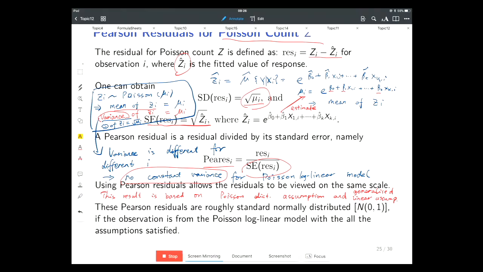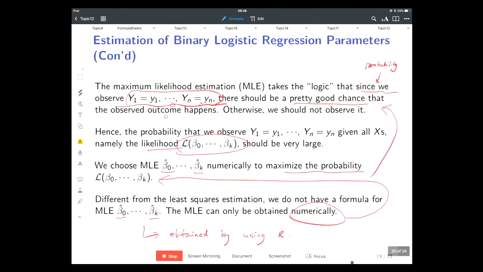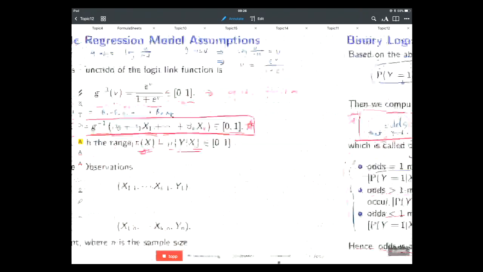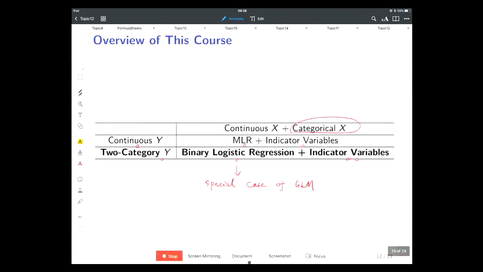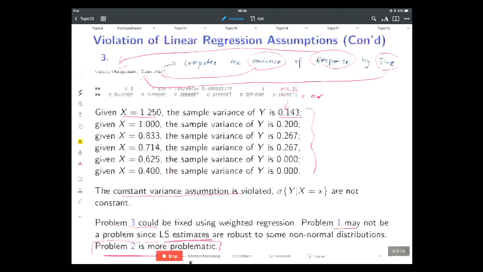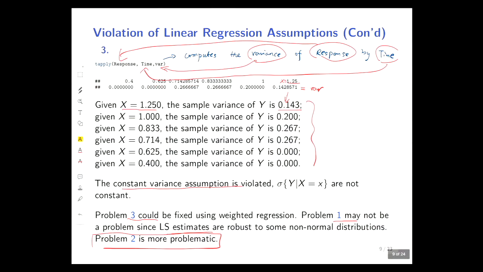And I think similarly, if you still remember the binary logistic regression model, so this is topic 10. In binary logistic regression model, we also look at the variance of response. They are also different.